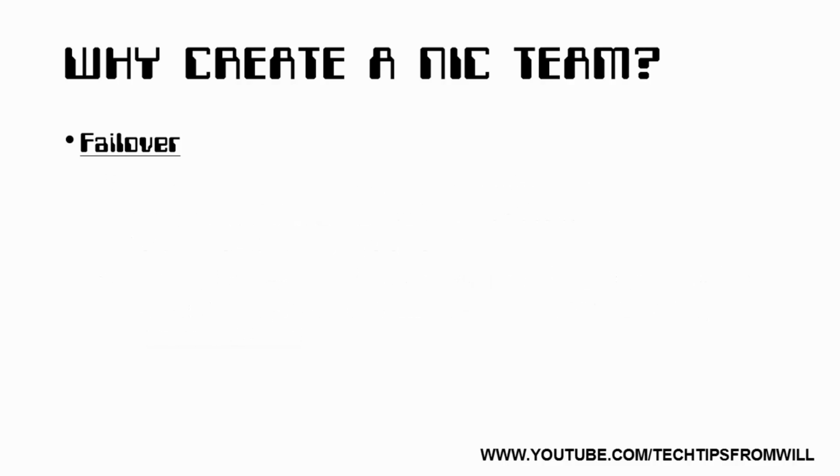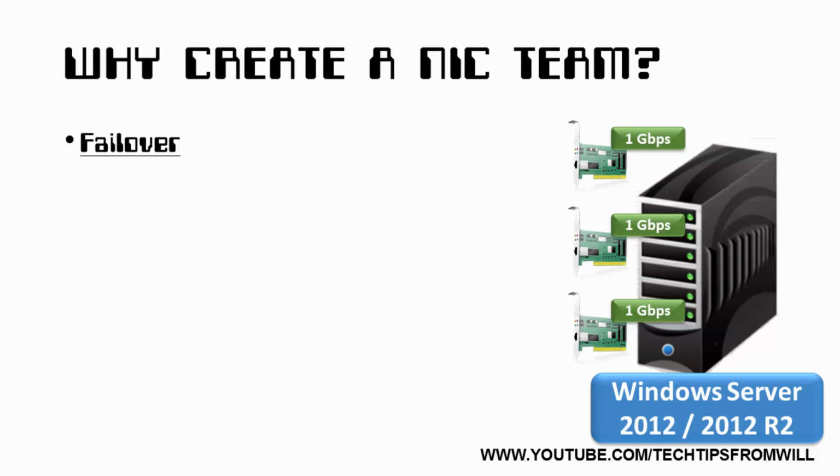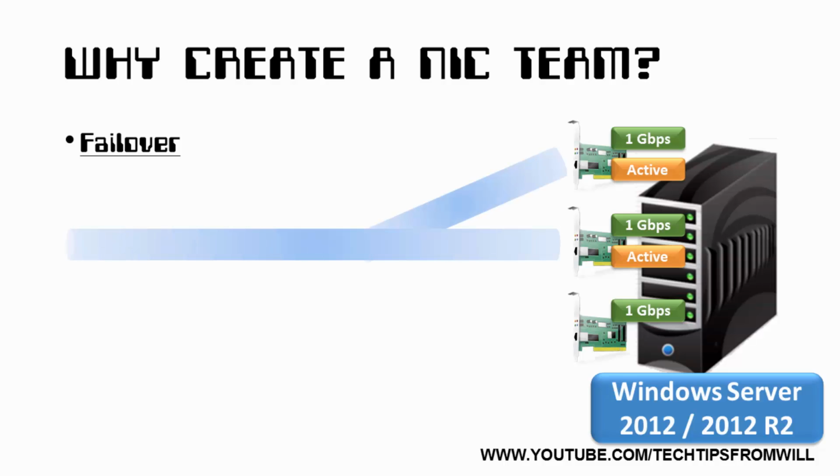For example, let's consider the same server from before. Again, the server is running either Windows Server 2012 or Windows Server 2012 R2 and has 3 network adapters installed, all of which are operating at a speed of 1 gigabit per second. With a failover configuration, once again, all 3 adapters are combined into a team. However, only 2 of the adapters are marked as active and are contributing bandwidth.